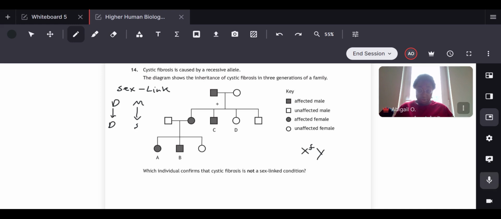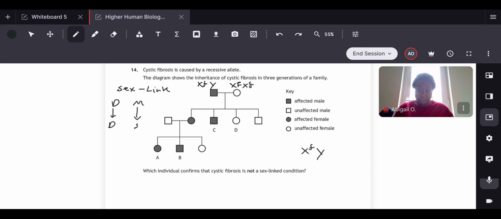And so in order for this man with this specific genotype to pass it on to his son, it means that his partner here must also have a recessive allele, meaning that she might be X big F, X small f, and he would be X small f Y. Sorry.